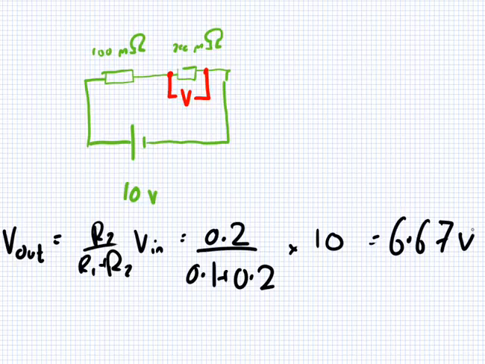Now, do you remember the formula V equals IR? So we can say V out equals IR2. But you have a formula for I, so you can get this: V out equals this formula here.